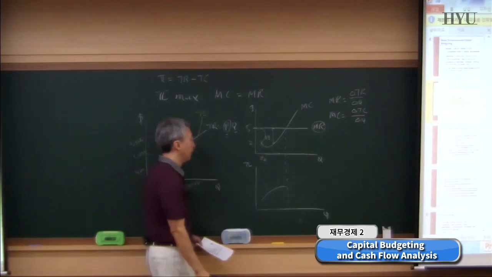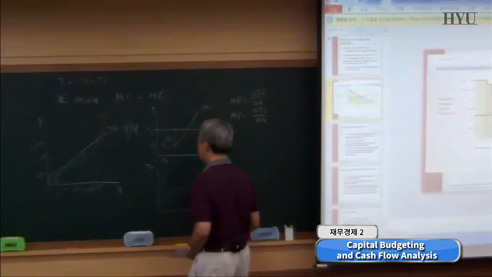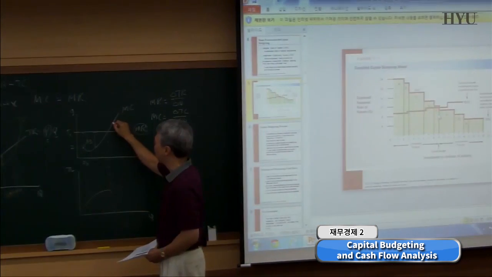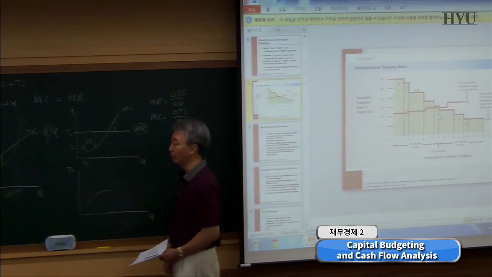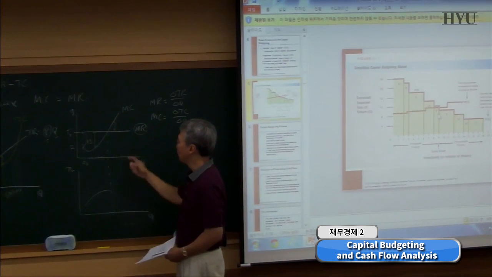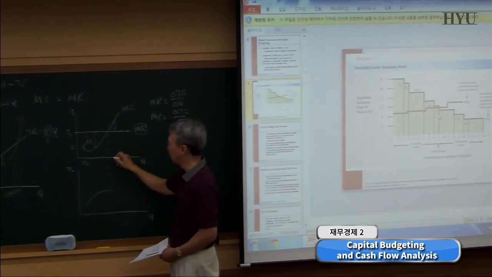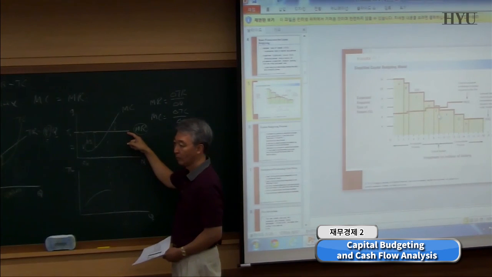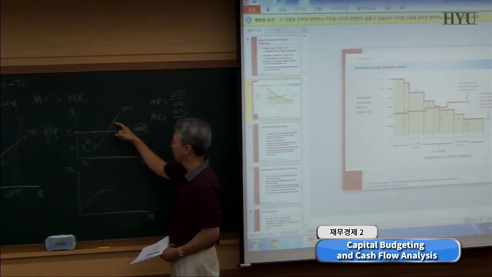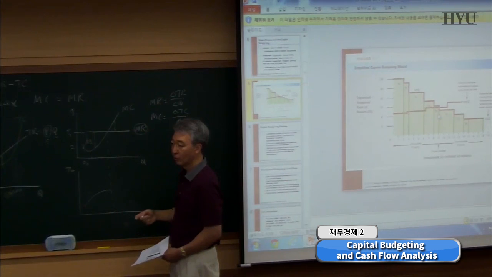Okay? But when you go beyond this level, then the marginal cost exceeds the marginal revenue, okay? Which means you're losing, right? For each additional unit you sell here, you receive only $5, but it costs $6, $7, $8 to produce those additional units, right?